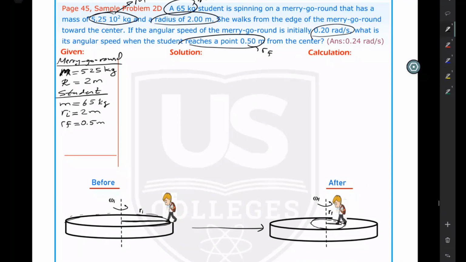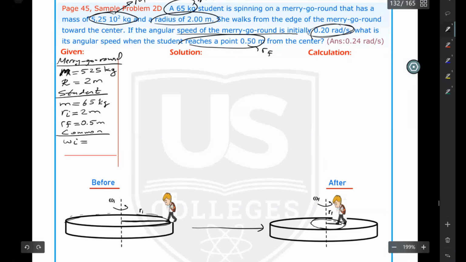But both the merry-go-round and the student are turning with the same angular speed. So omega initial is given. If the angular speed of the merry-go-round is initially 0.2, is this only the merry-go-round? No, the student also, because the student is on this merry-go-round. That's why they will have the same angular speed, both student and merry-go-round. That's why I will write common. Common given, omega initial is common.